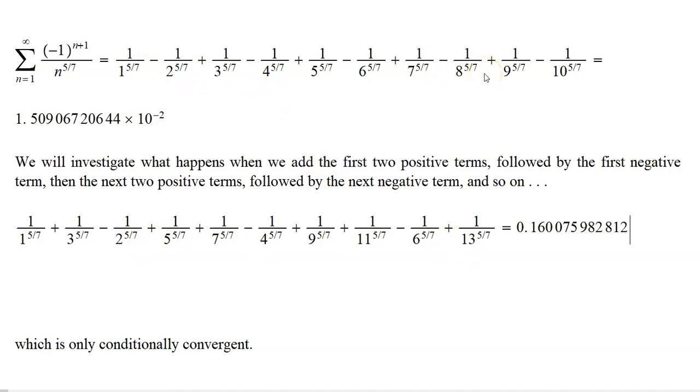Okay, so by the way, are you convinced that if we wait long enough, every number here will appear in the partial sum? You should be, because we have 1, 3, 5, 7, 9, 11. All the odd denominators are there.